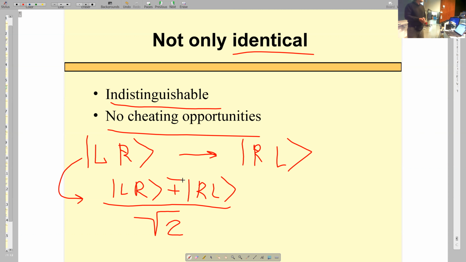So for practical purposes, it is still the same state. Fine. That's what we learn, and I hope this is easy to remember.